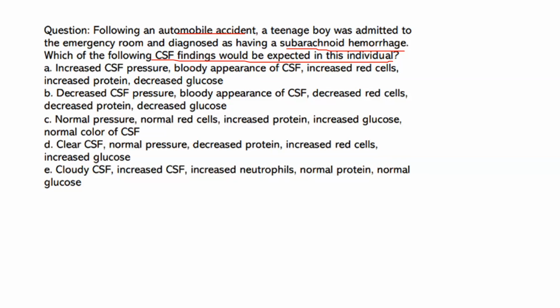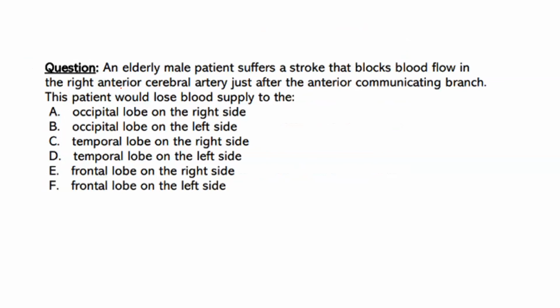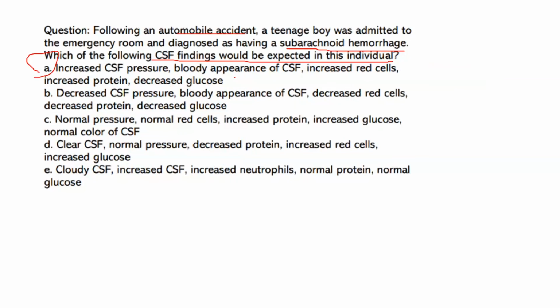But basically, you'd expect increased CSF pressure, since they're having bleeding, and you'd expect bloody CSF, high red blood cells and protein, as well as decreased glucose. So the answer is A in this case. The two giveaways here are increased CSF pressure and bloody appearance.